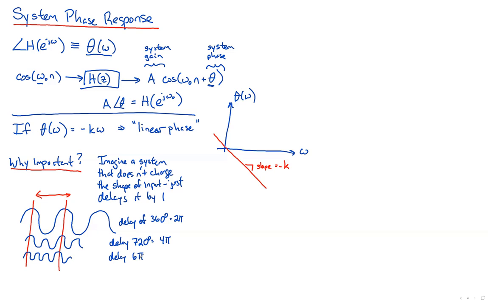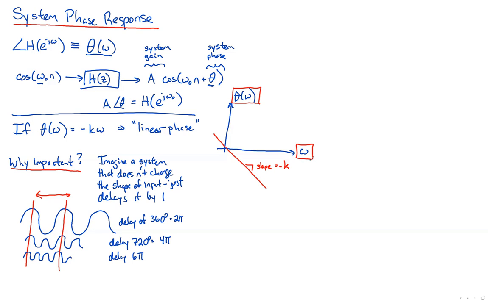And that's exactly what linear phase response is: its phase amount that's added is exactly proportional to the frequency. The higher the frequency, the more phase delay, and that means that you recover the exact same shape of the signal, it's just been delayed.